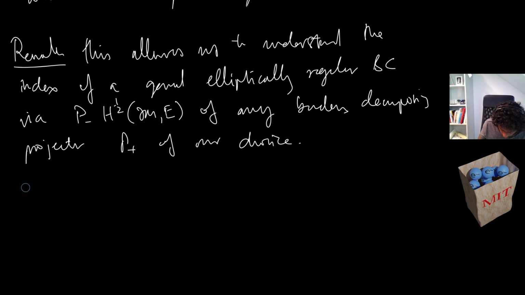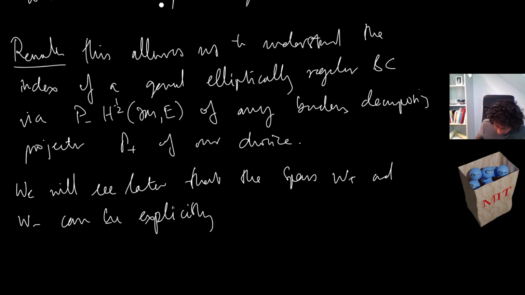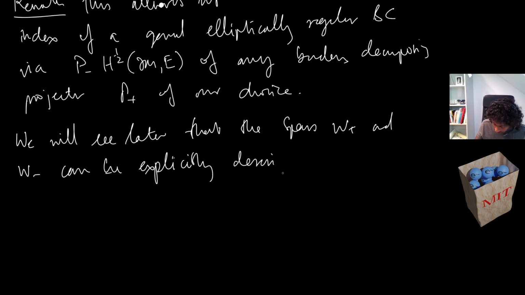The spaces, we will see later, that the spaces W plus and W minus can be explicitly described as, from memory, W plus is the boundary condition intersecting with the P plus of H minus a half, right?